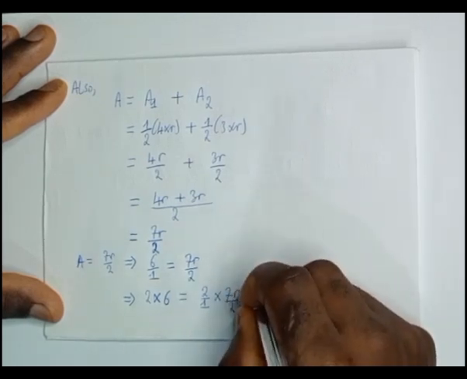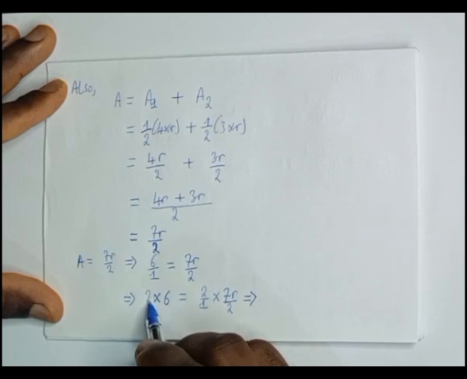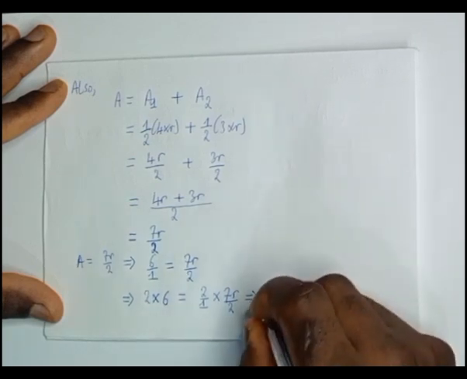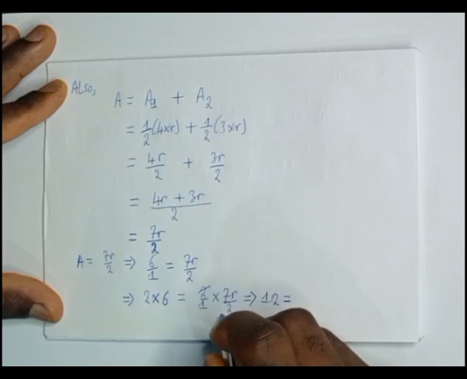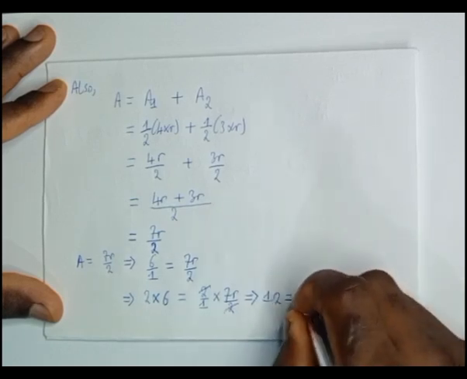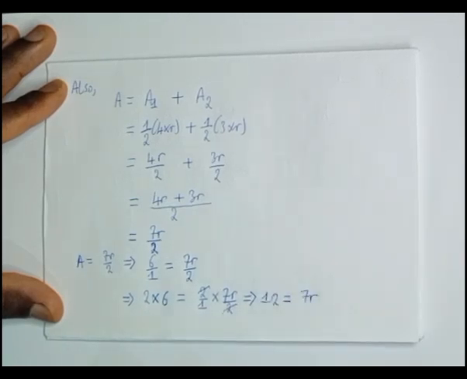This will imply that 2 times 6 gives us 12 is equal to, we'll strike off 2, we'll be left with 7r. For us to get the value of r, we are going to divide all through by 7.